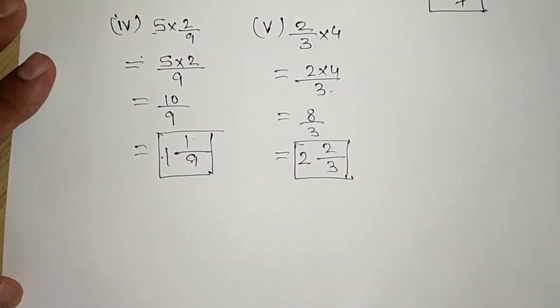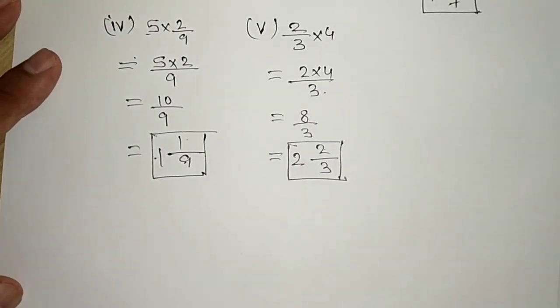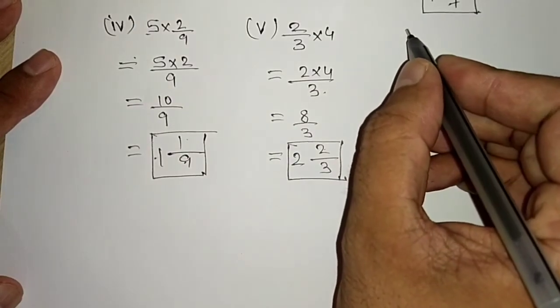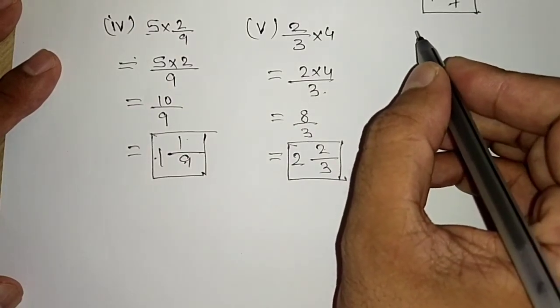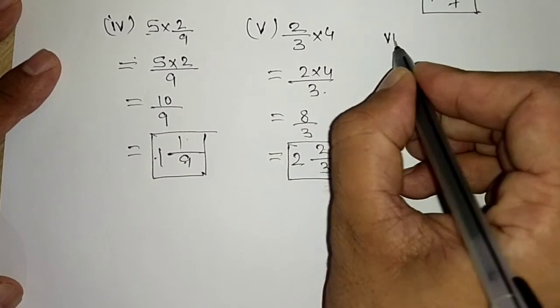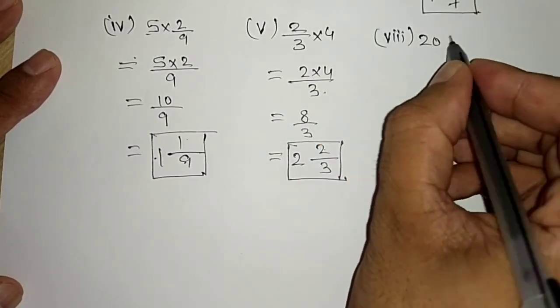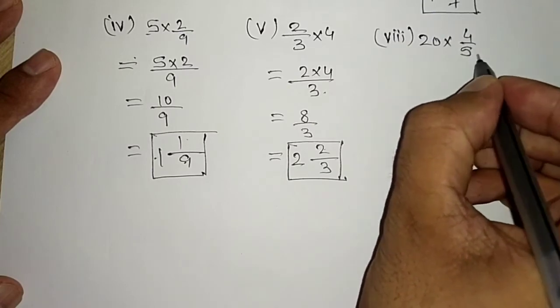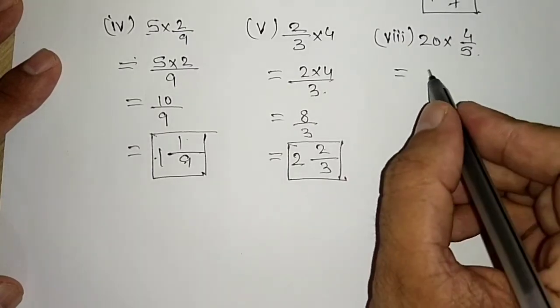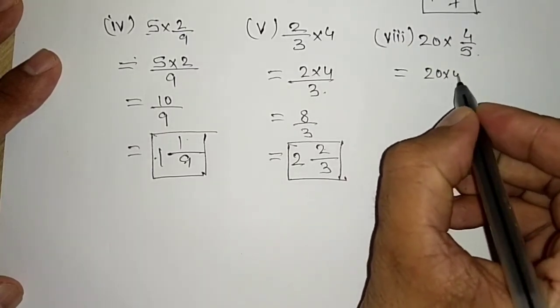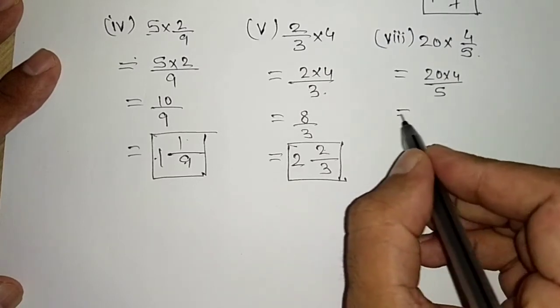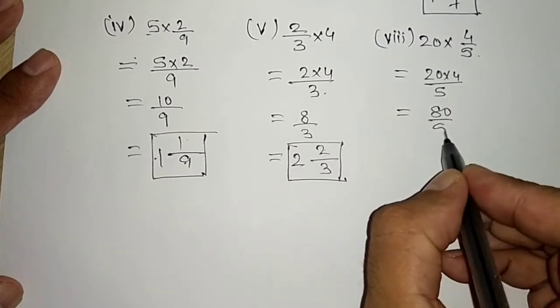Let me solve some 2 more parts, and for that I will take some bigger numbers. Let me take the 8th part. The 8th part is 20 into 4 divided by 5. 20 4s are 80, 80 divided by 5.